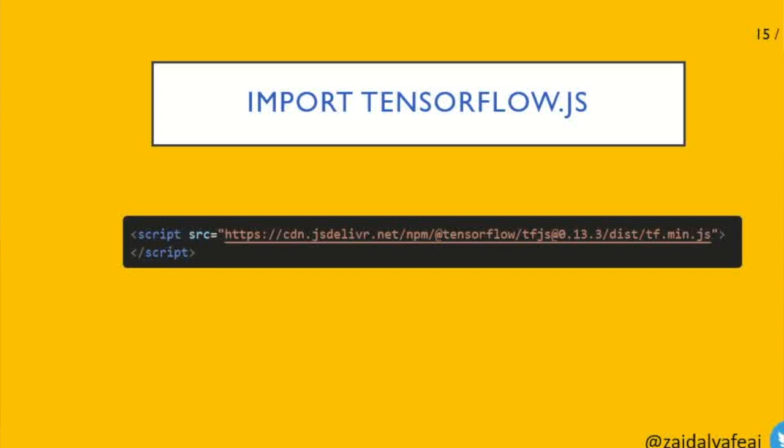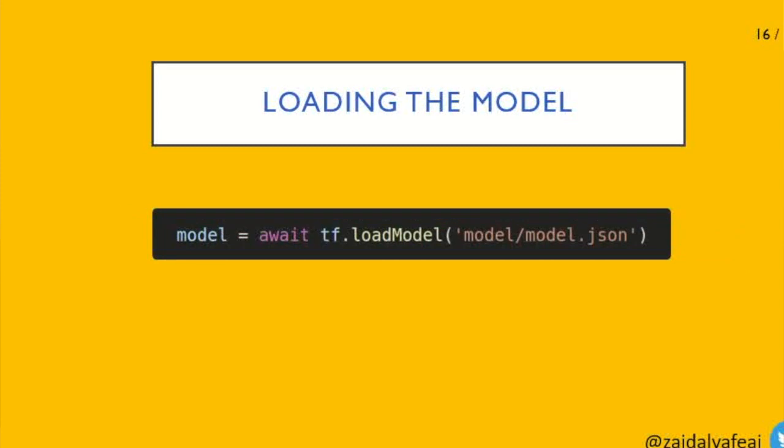You can copy it directly from their page. After that, just add this code. So you load the model and you wait for it to load. This is it. You don't need to install anything. Just import this script and load.